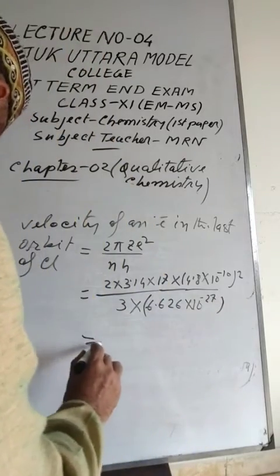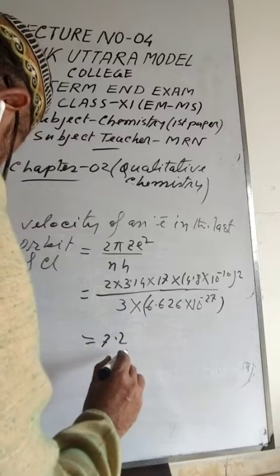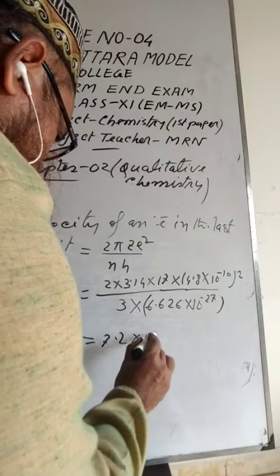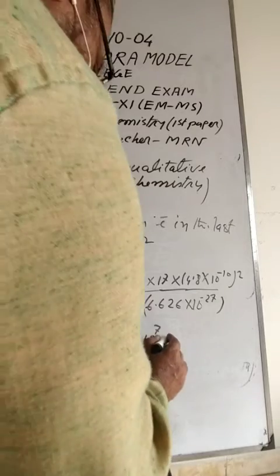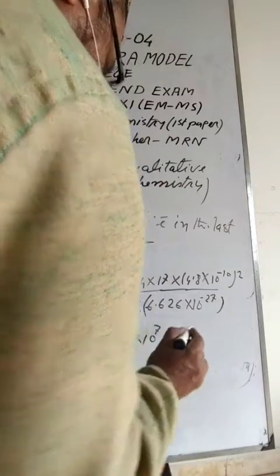So the result we are getting is 7.2 into 10 to the power 7 centimeter per second.